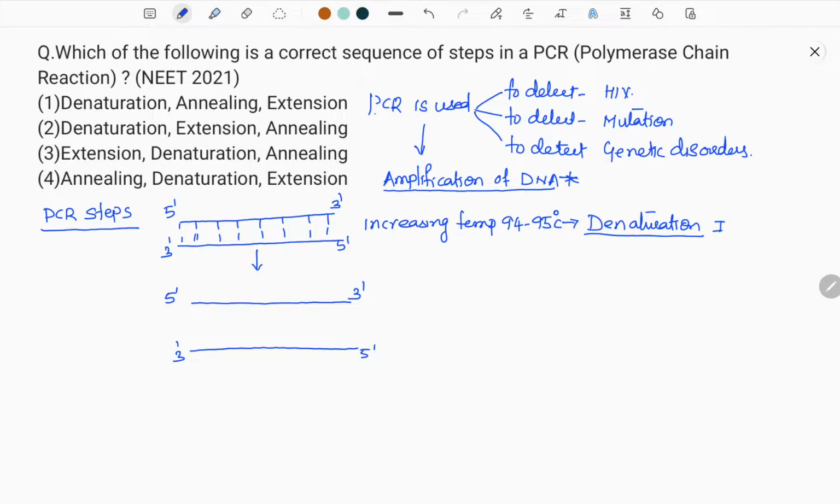Now let us see what we do in the second step. In the second step, each separated DNA strand acts as a template to form a new strand. So here two templates are formed for which new strands need to be synthesized. This is done first by attaching here a DNA oligonucleotide.